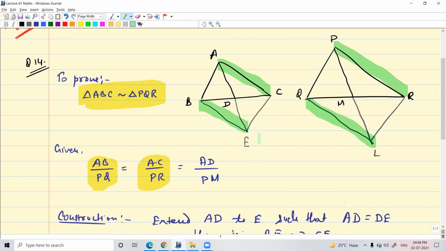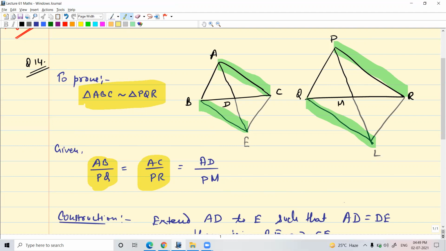Then what else? Which triangle are you trying to prove? First of all, what is your strategy? What are you trying to do? The first triangle, ACE and PRL.